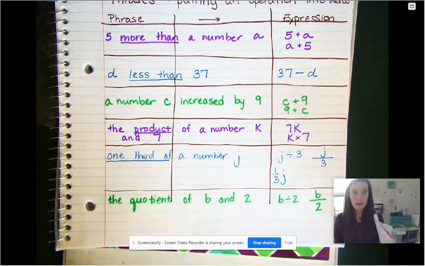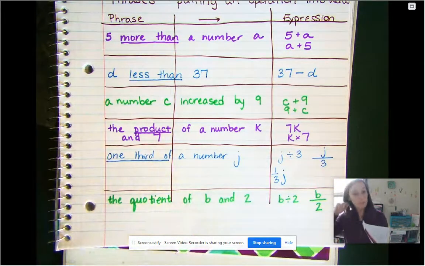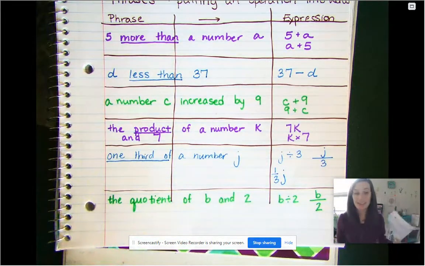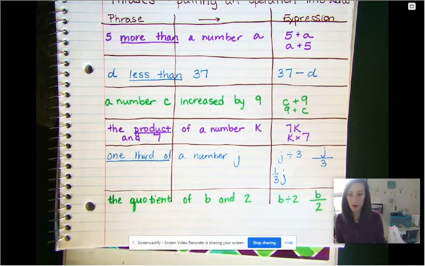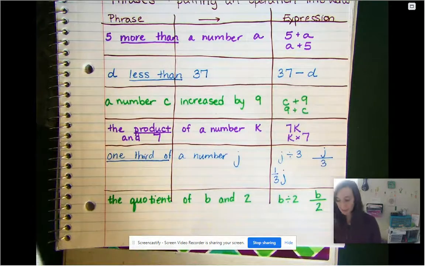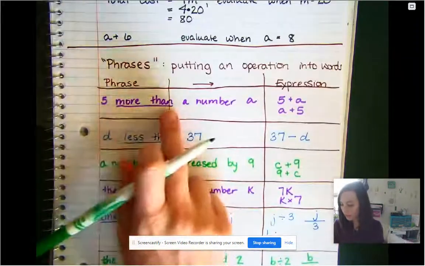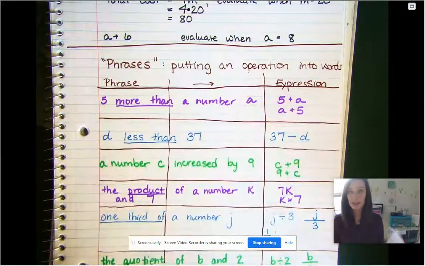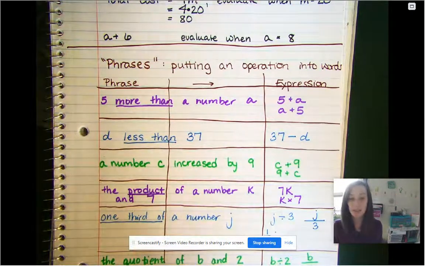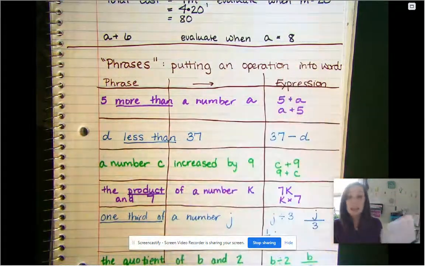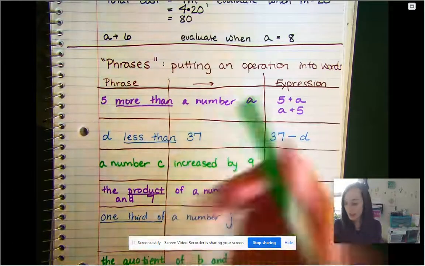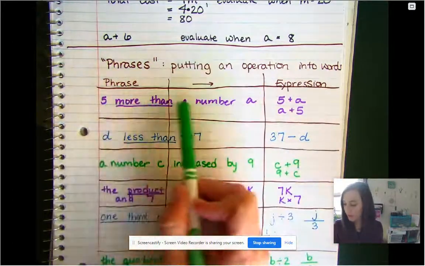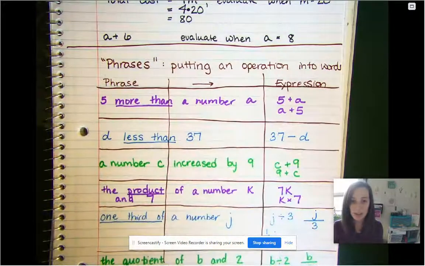Sometimes when I am not sure about these, I like to pick any number and stick it in for the letter that I don't know and see what would make sense. So as an example, let's go back here to 5 more than a number a. So if I'm not quite sure what that is, I just pick a number to stick in for a, like 3. It literally doesn't matter, just pick a number. And then I think, all right, 5 more than 3, what does that sound like?